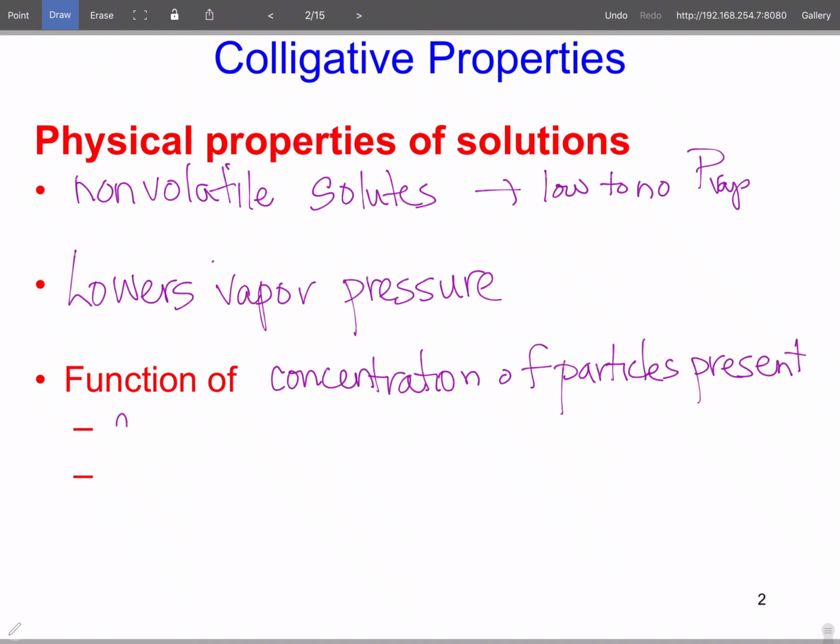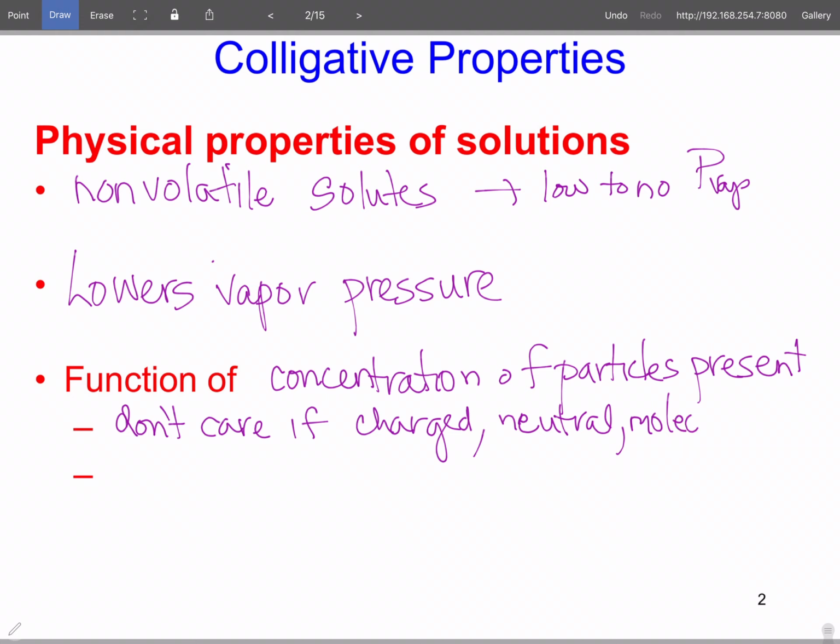We don't care if they are charged, neutral, large, small, molecular, what their size is, don't care. We only care about the number.